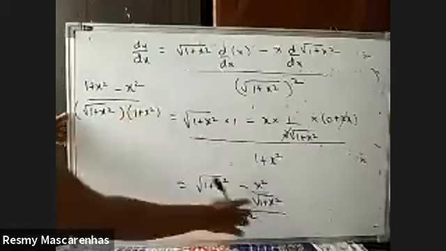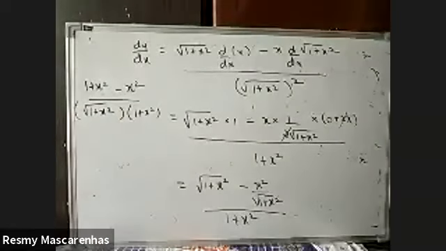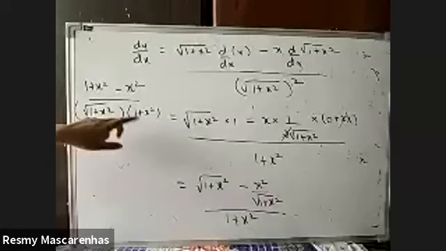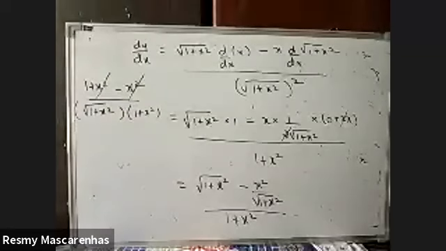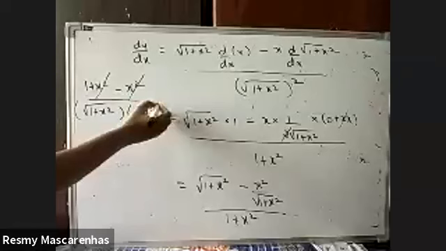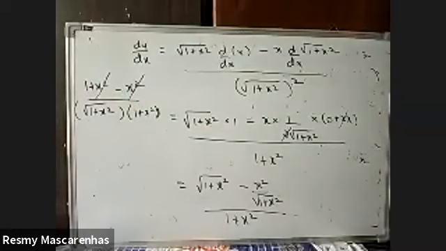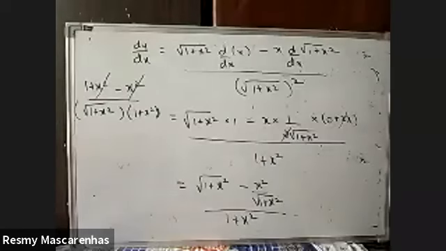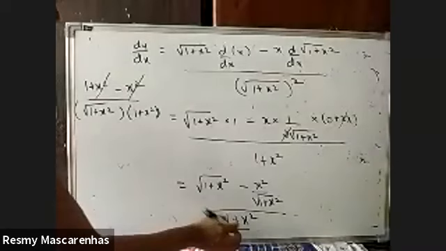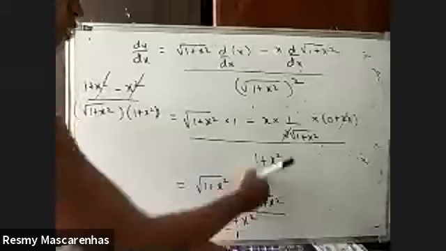I cross multiplied and wrote here only. When you reverse it, it will come back. So x square will cancel. What I have done is nothing but taken this as this and then reversed it. It will come back here only.